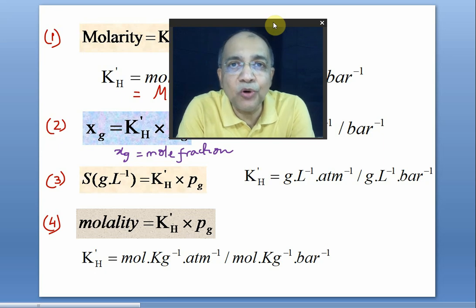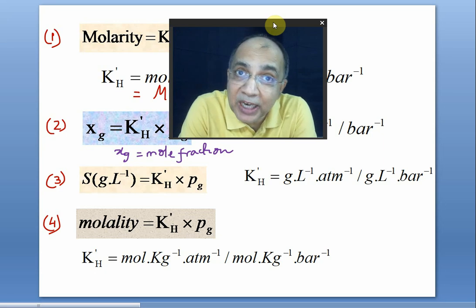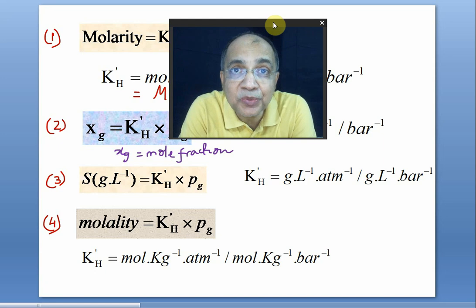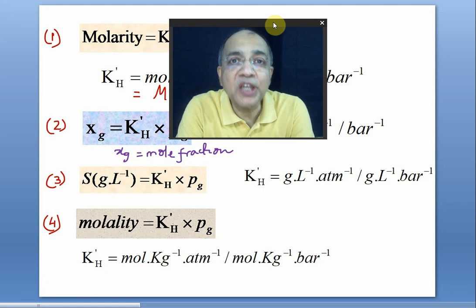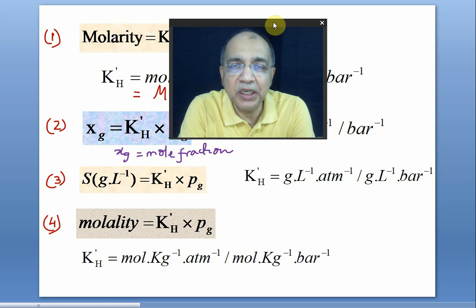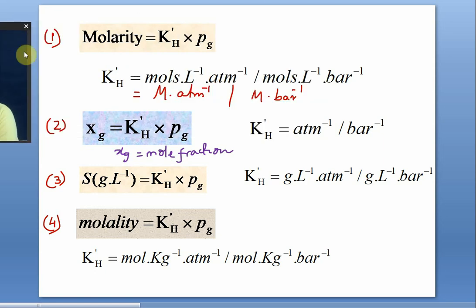So whether it is moles per liter per atmosphere, or simply per atmosphere, or grams per liter per atmosphere, or moles per kg per atmosphere, that depends on which concentration term you are using, right? Let us solve some problems with that.